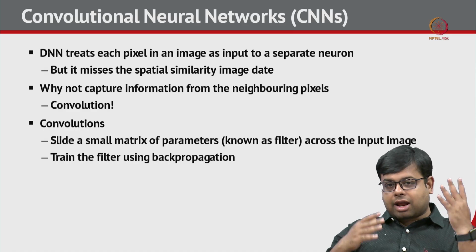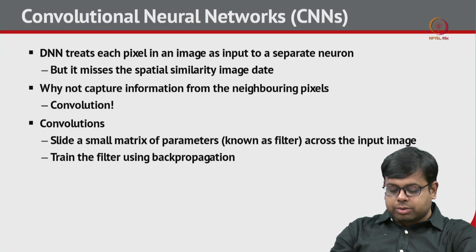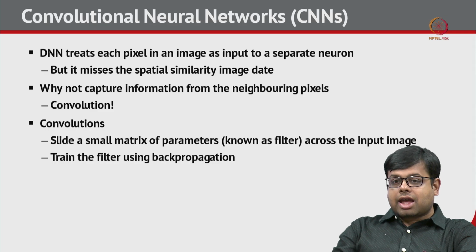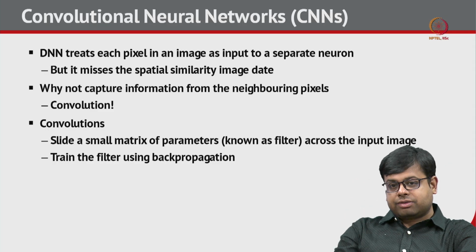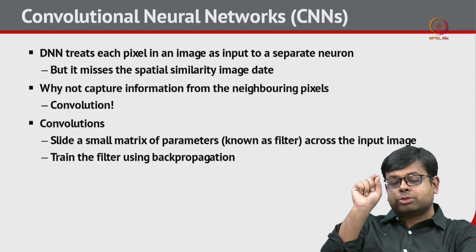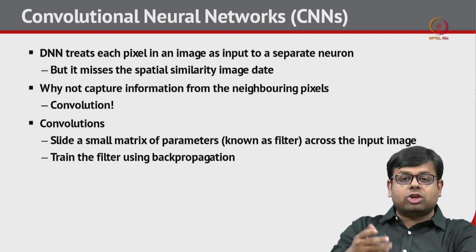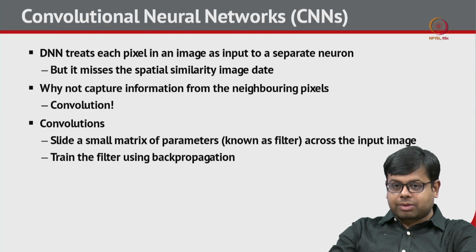So again, at a very high level, if we want to apply a machine learning algorithm to an image and we just have a multi-layer perceptron, we will provide each pixel as an input to it. But as a human being, that is not how we analyze an image.